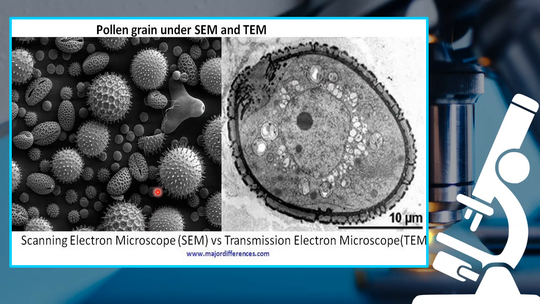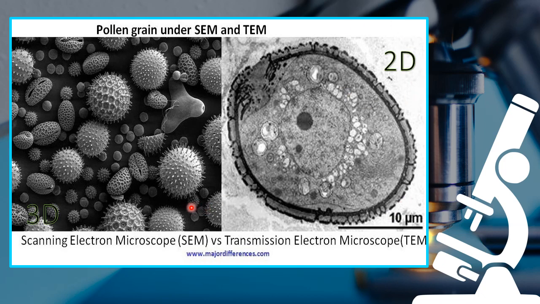So this is the image comparison between the SEM image and the TEM image. For the SEM image, you can see the image in 3D structure, and for the TEM image, it is in 2D.